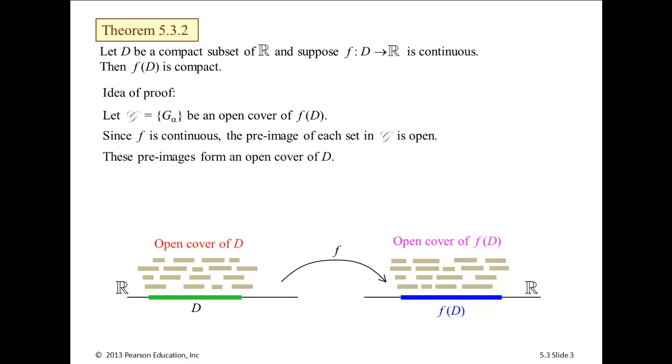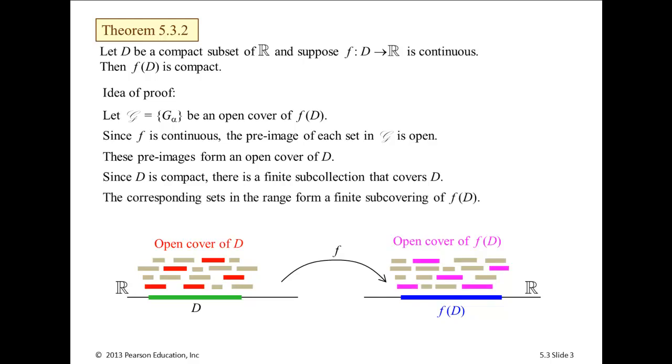These pre-images form an open cover of D. Since D is compact, there is a finite subcollection that covers D. The corresponding sets in the range form a finite subcovering of f of D. Hence, f of D is compact.